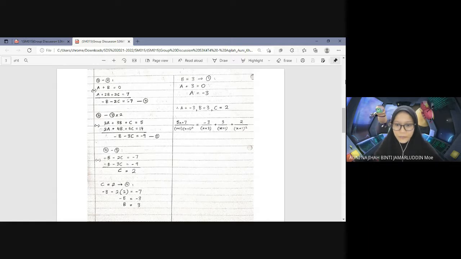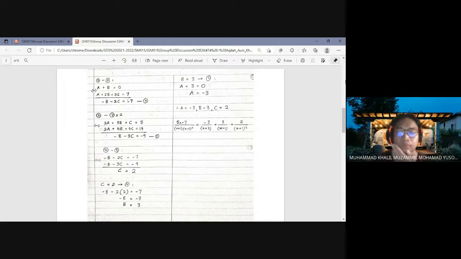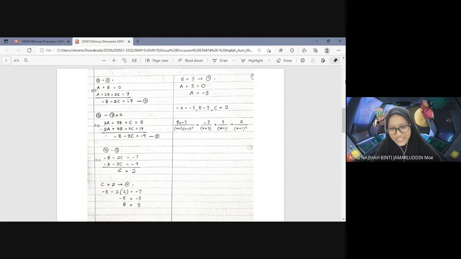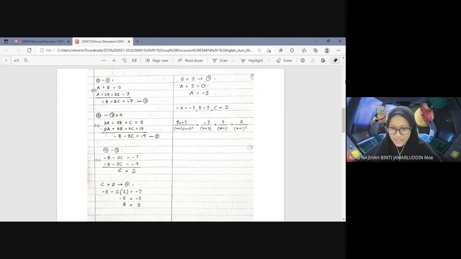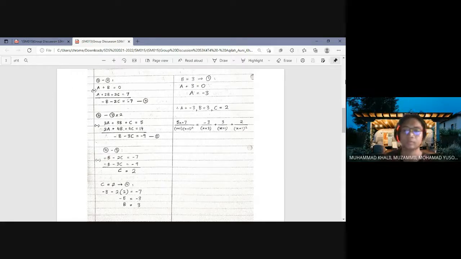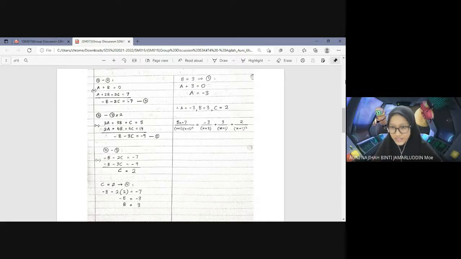So we have to find c. So equation 4 minus equation 5, and then we get c. The c is equal to 2. So with c equals 2, we substitute it into equation 4, and then we got the value for b, that is b equals 3.